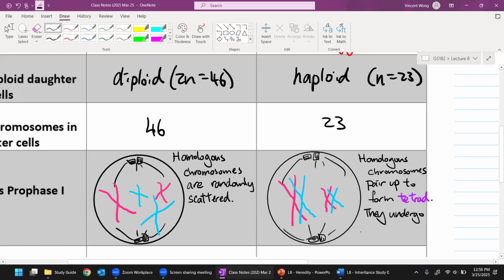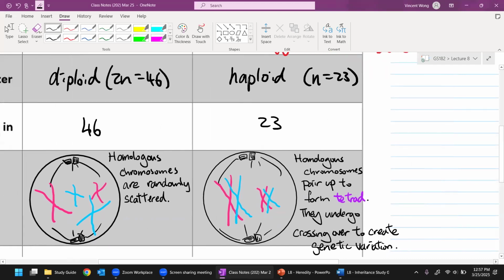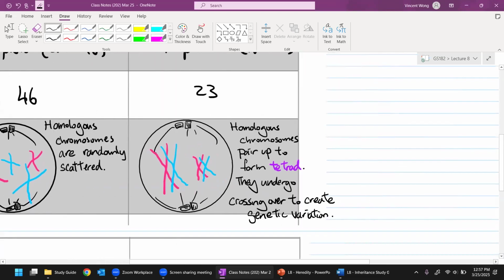They undergo crossing over to create... Okay, copy it down and I will explain.